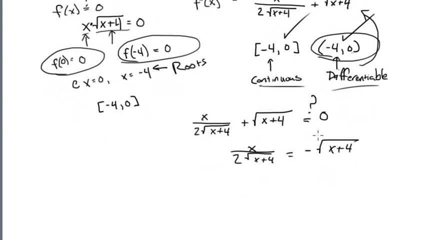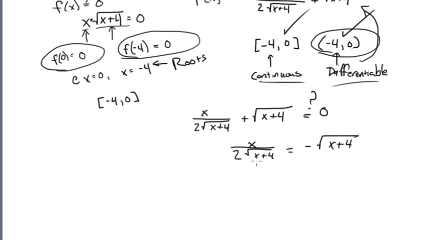Multiply both sides by 2 square root of x plus 4, so I get x equals -2 times the quantity x plus 4, because multiplying by square root of x plus 4 on both sides will square it, getting rid of that square root.